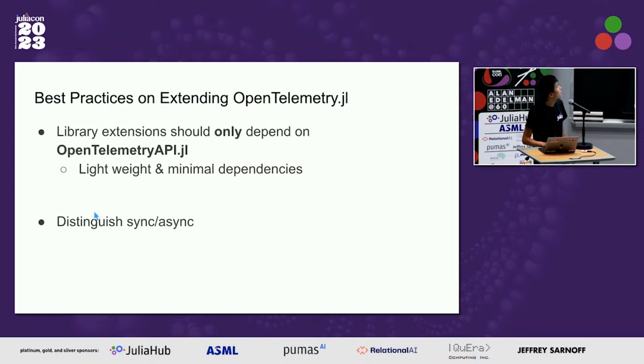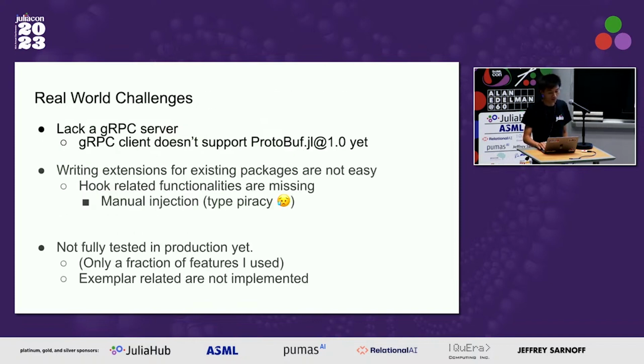Also, you might want to distinguish the sync and async cases. For async cases, you usually would like to end the span immediately and let the other service decide when to end a new child span and send the span messages.